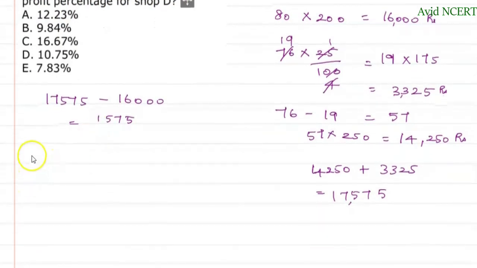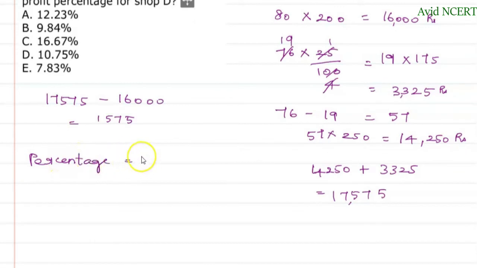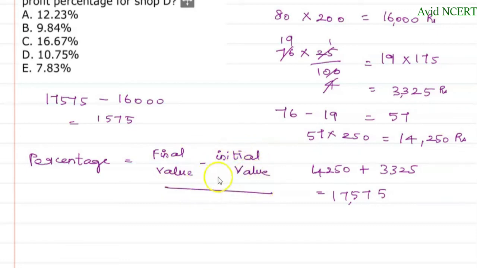Whenever they are asking for the profit percentage or percentage increase, the formula we use here is the final value minus initial value, divided by the initial value, times 100, since they are asking for the percentage.